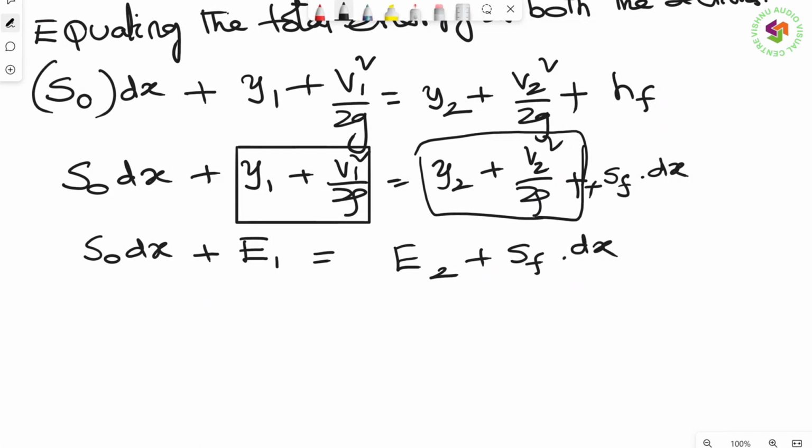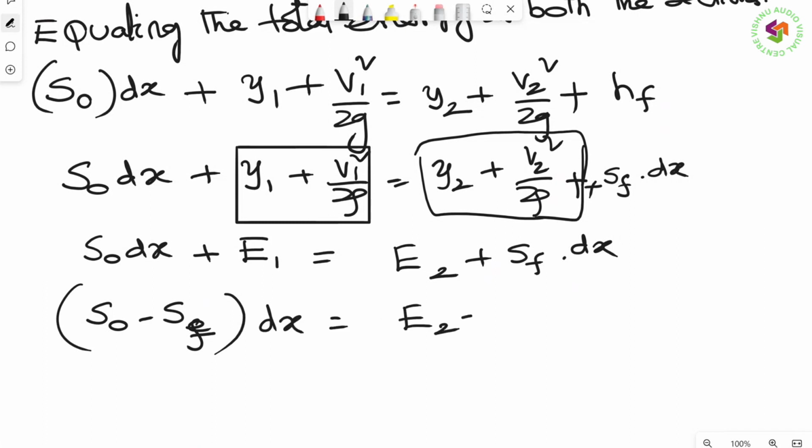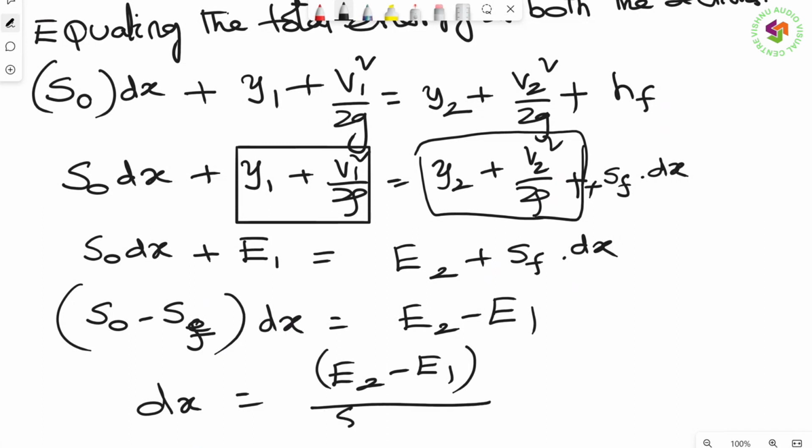So if I take that also on this side, S0 minus Sf into dx is equal to E2 minus E1, or dx is equal to E2 minus E1 divided by S0 minus Sf.